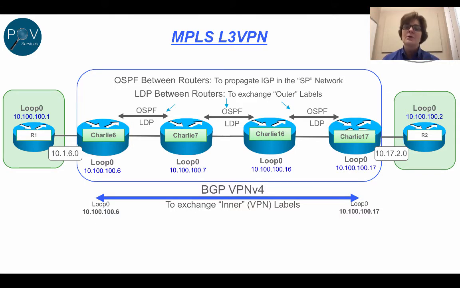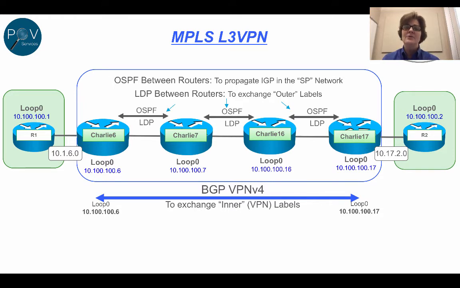We're going to use two protocols, BGP VPNv4 and also LDP, to create the labels that we need to go from one side to the other and let this ping happen. First, we have one iBGP VPNv4 peer connection between Charlie6 and Charlie17, between their loopbacks, 10.100.100.6 and 10.100.100.17. This BGP VPNv4 peer connection will be used to exchange inner VPN labels. We'll see that.